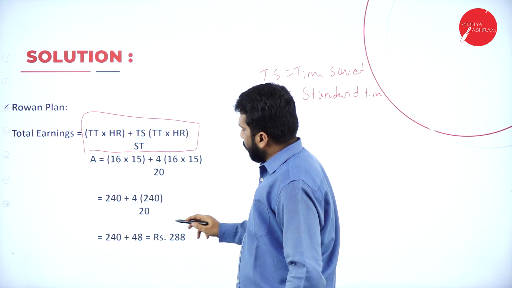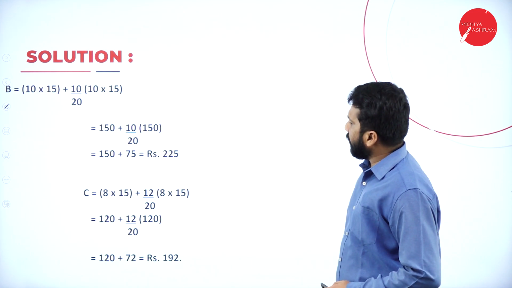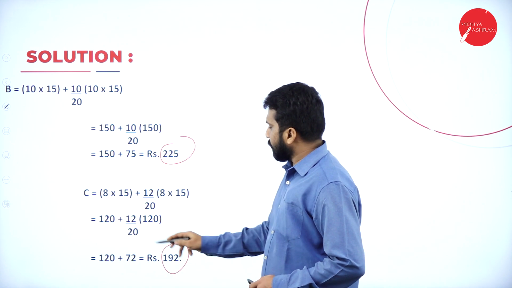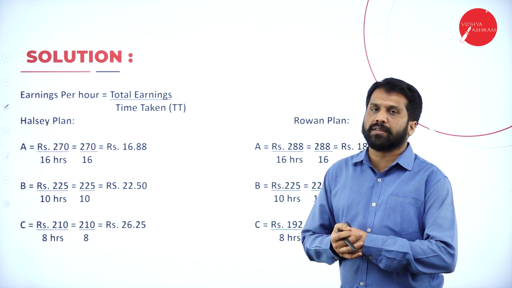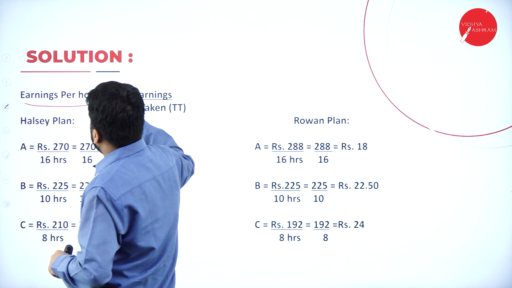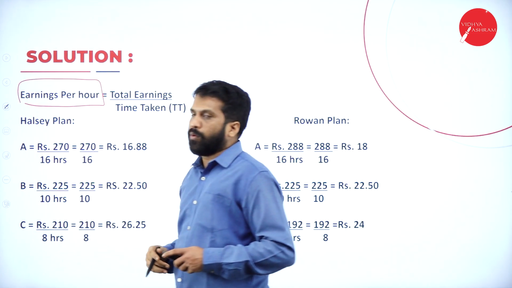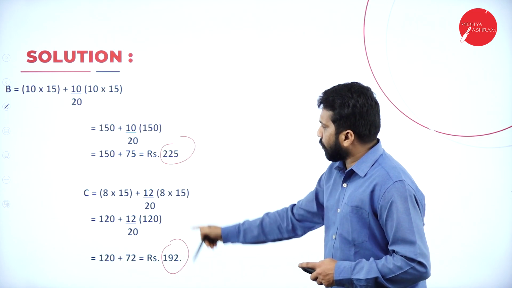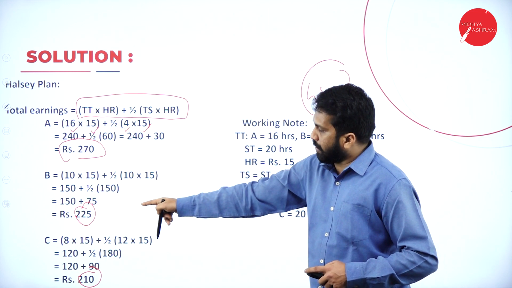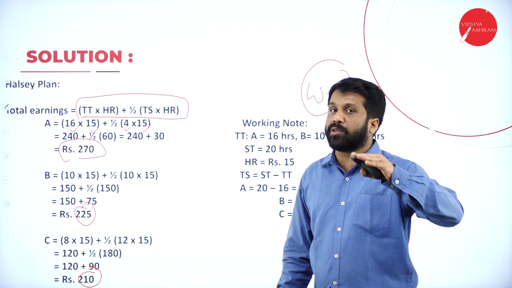So simplify, your final answer you will get 288. Final answer 225. Yes, your final answer 192. Once you're done with that, you have to calculate earning per hour. So whatever you have calculated, these are total wages. First one's list 270, 225, 210. It is a total.